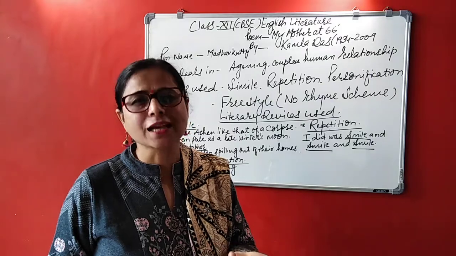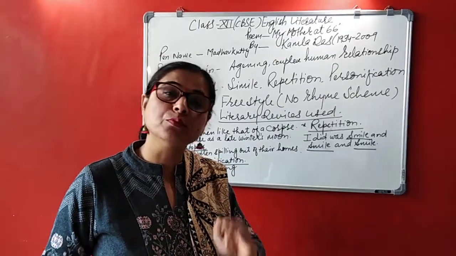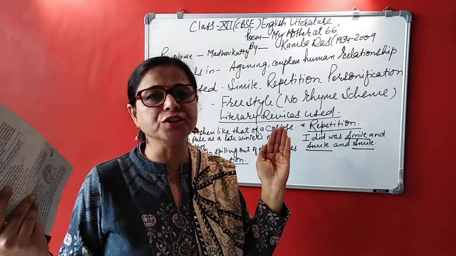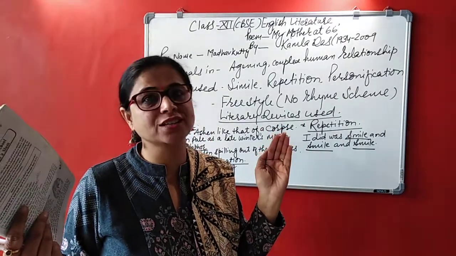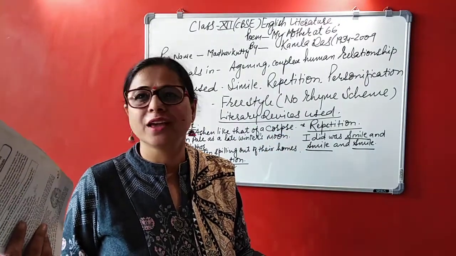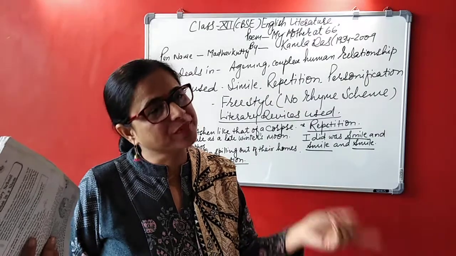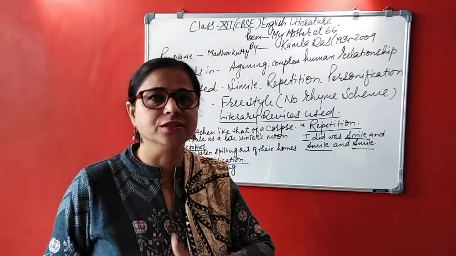The moon loses its charm. In the same way, her mother was a very beautiful, young, attractive lady when she was young. But now, because she has turned old, she has used up all her energy, attraction and charm. That's why the poet has compared her mother to the late winter's moon.